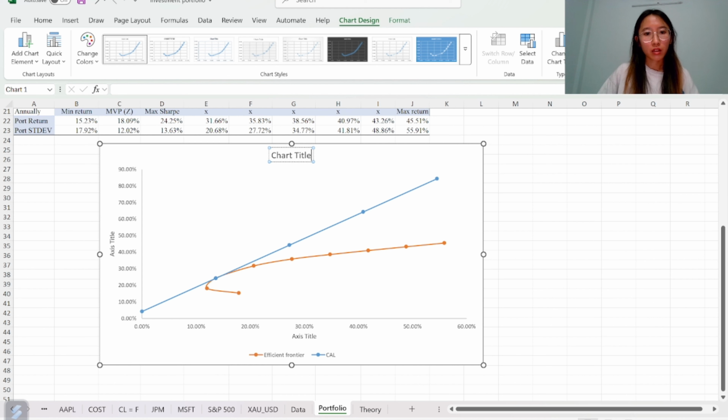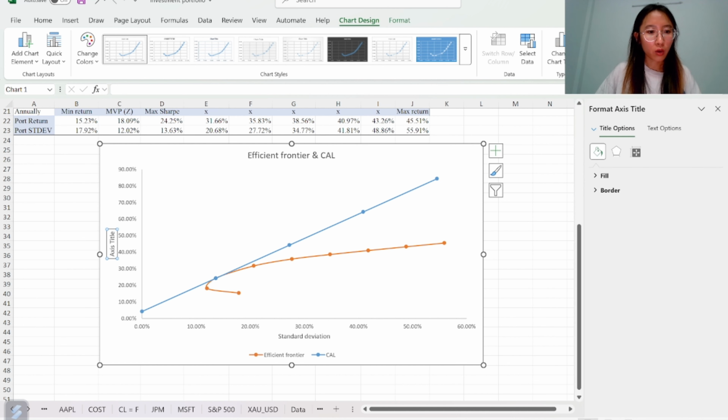Let's call this efficient frontier and CAL. The horizontal axis title will be standard deviation as it is, and the vertical axis title will be expected return.